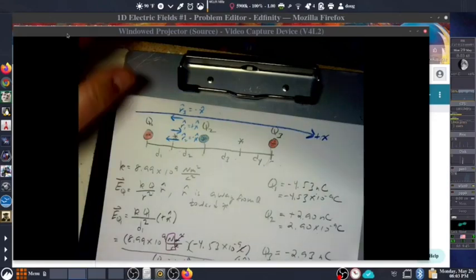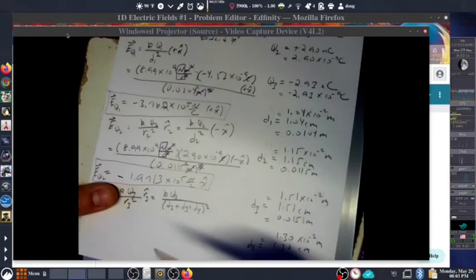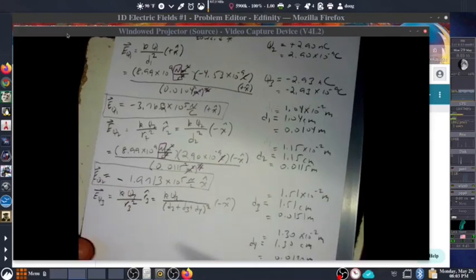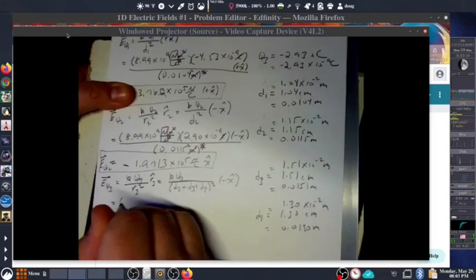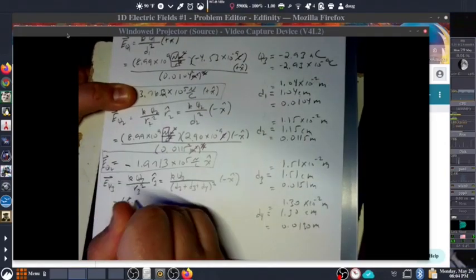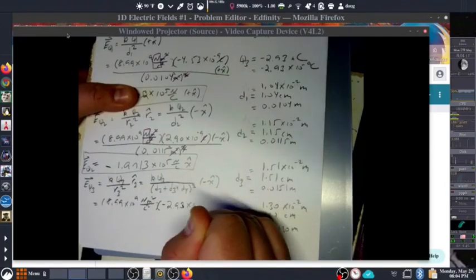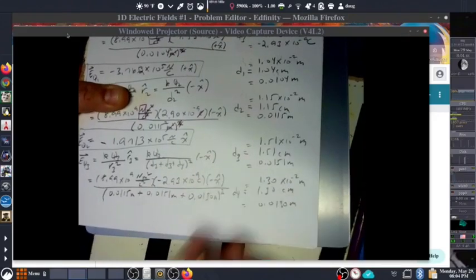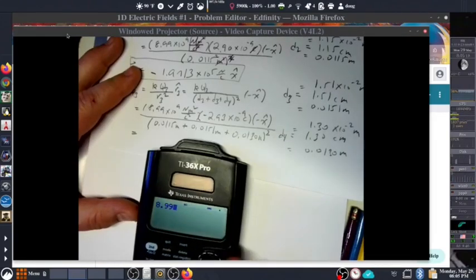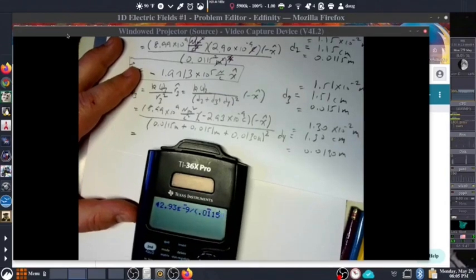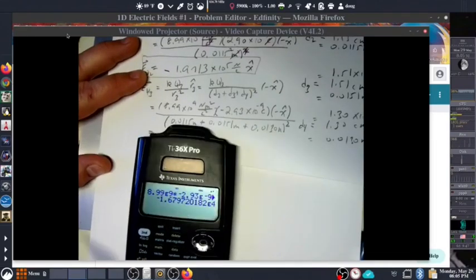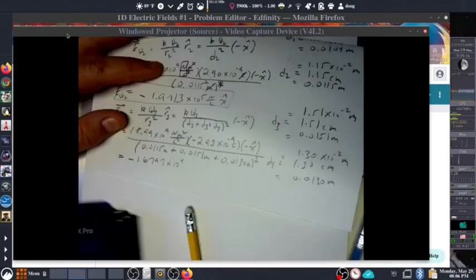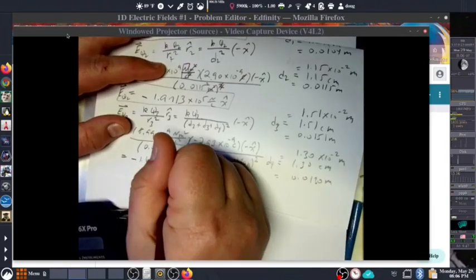So if I go back down here, I'm going to have minus X hat. All right, so if we put in our numbers, 8 minus 4. So again, the units, these will all be meters squared.